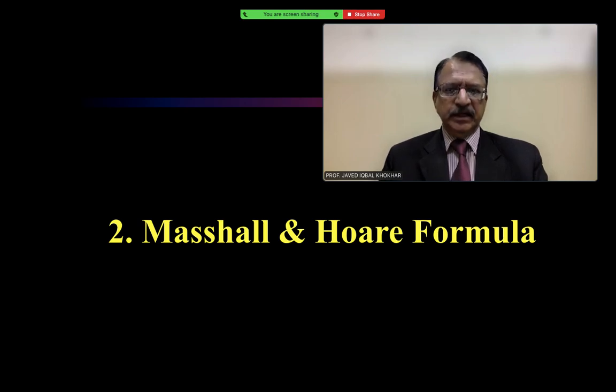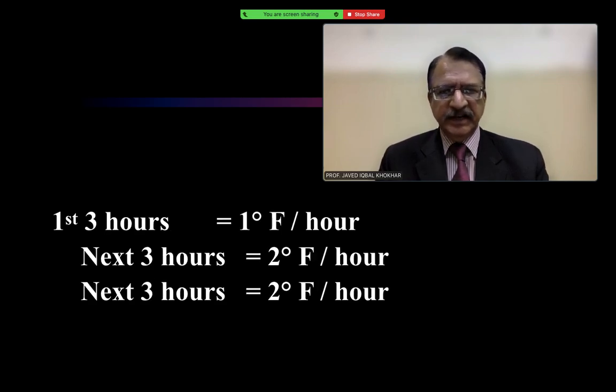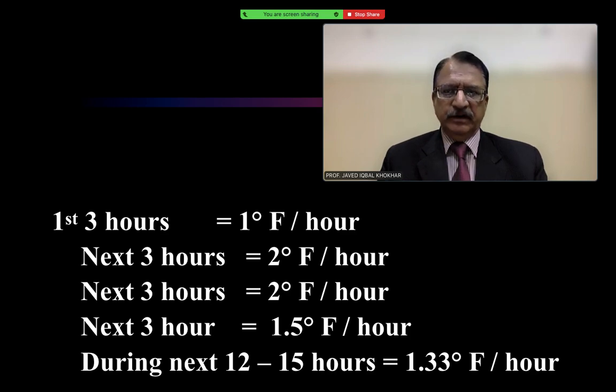Then the Marshall and Hoare formula for an unclothed body is for the first 18 hours. For the first 3 hours, the fall is 1 degree Fahrenheit per hour. Next 3 hours, 2 degrees Fahrenheit per hour. Next, 2 degrees Fahrenheit, and the next 3 hours, 1.5 degrees Fahrenheit per hour.